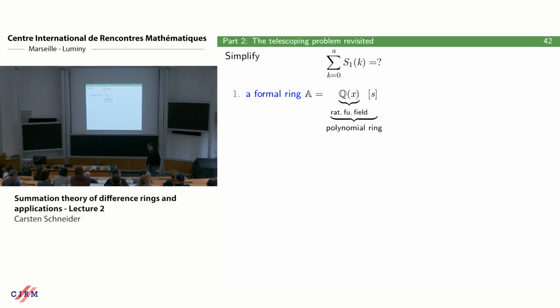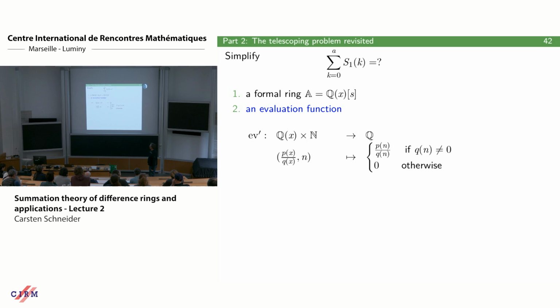Now, what was missing yesterday is that I have to say how these variables are linked to the sequences, how they are evaluated. So what I have to introduce is basically an evaluation function, not in the mathematical sense you know, but really to evaluate an object. I start with how we can evaluate rational functions.